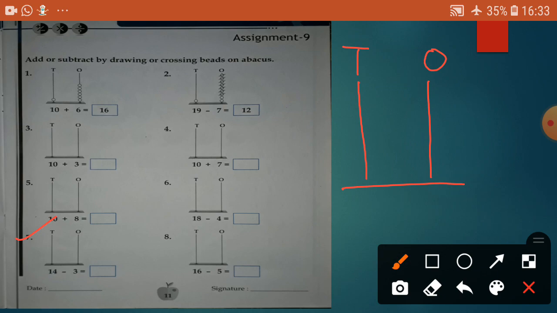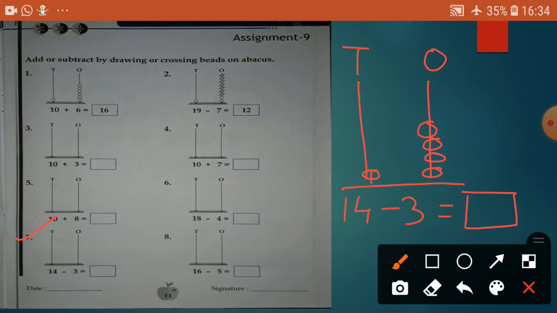See here, question 14 minus 3. So I draw here 14 beads: 1 ten and 4 ones, 1, 2, 3, 4. Question is 14 minus 3 is equal to how much?